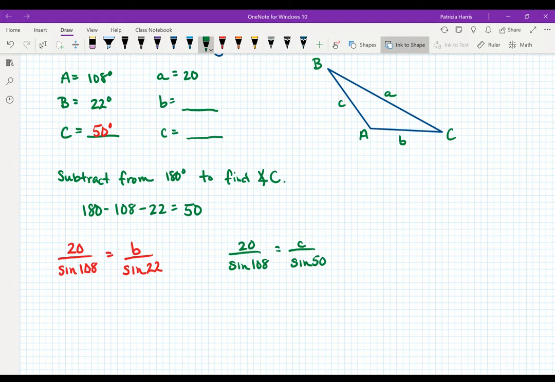Now I can do that because of the calculator I have. You need to know what calculator you have, okay? So let's solve them both, and then we've done our first example.